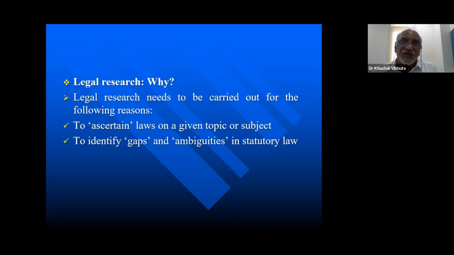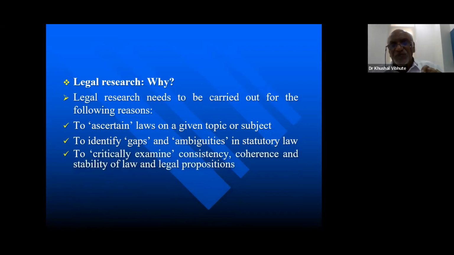So a legal researcher with evidence can highlight those gaps and ambiguities and put those legal facts to critical examination, to draw inference whether that law is consistent, coherent, or stable.